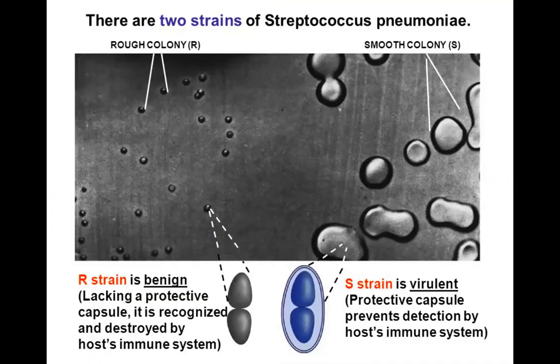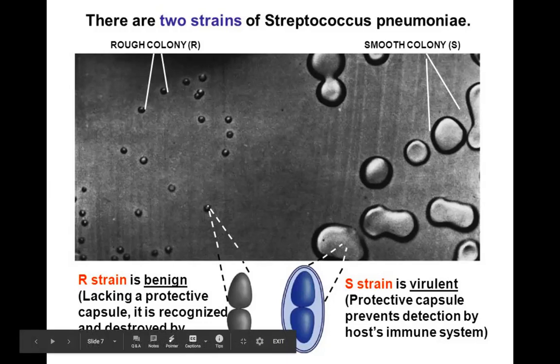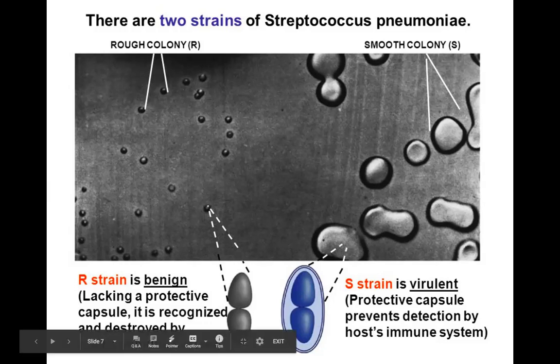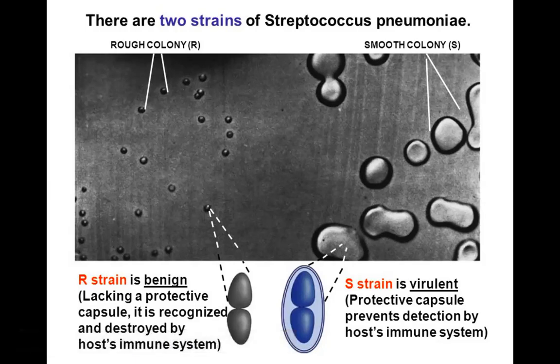So what are the key differences between them? Take a look at this. Here's a simple schematic diagram that shows what these two bacteria look like if you were to examine them under the microscope. This is what the smooth strain looks like, and this is what the rough strain looks like.